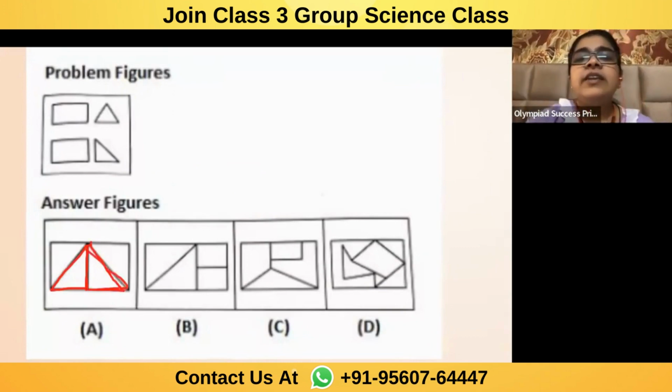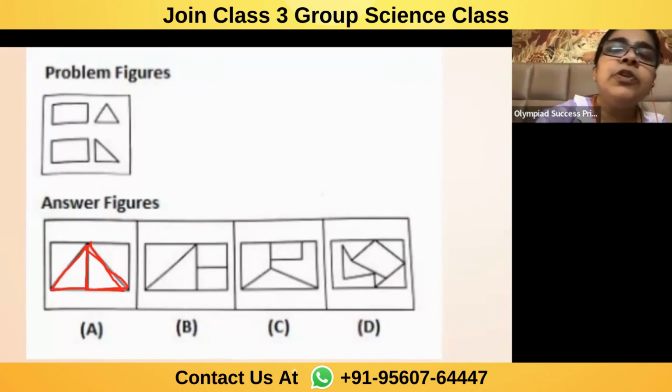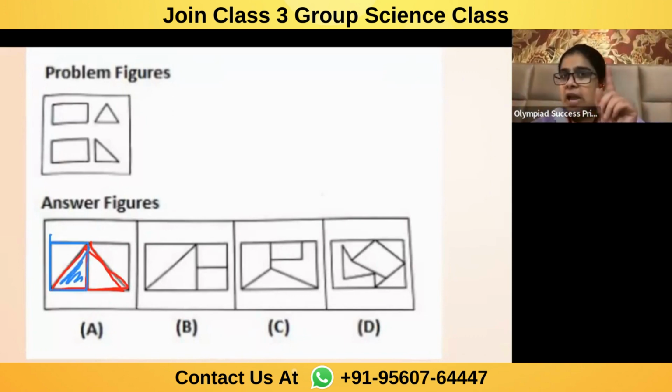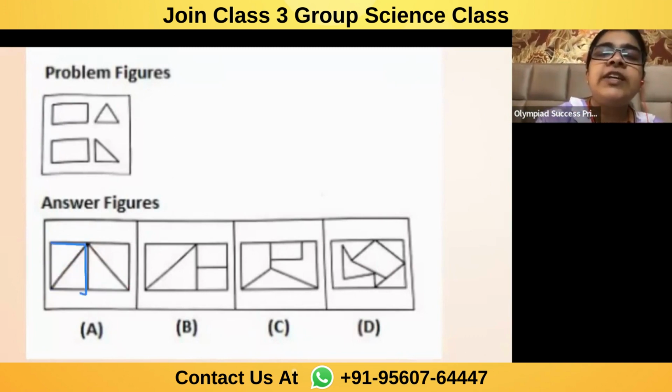All right. Now, can you put the rectangles in figure A? If you put the rectangle like this, then this part will get overlapped. And the rule says no overlapping. And imagine you are just using 2 rectangles side by side like this. Then you cannot add a triangle over it.